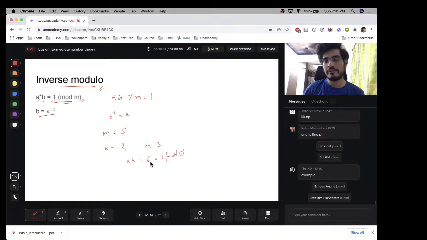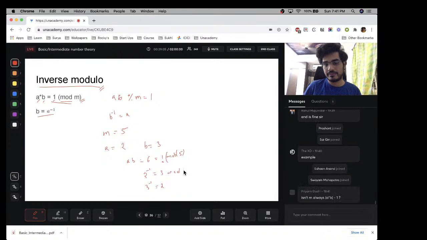If we divide 6 by 5, we get remainder 1. So 2 inverse is 3, and 3 inverse is 2, mod 5. We should always write mod 5.